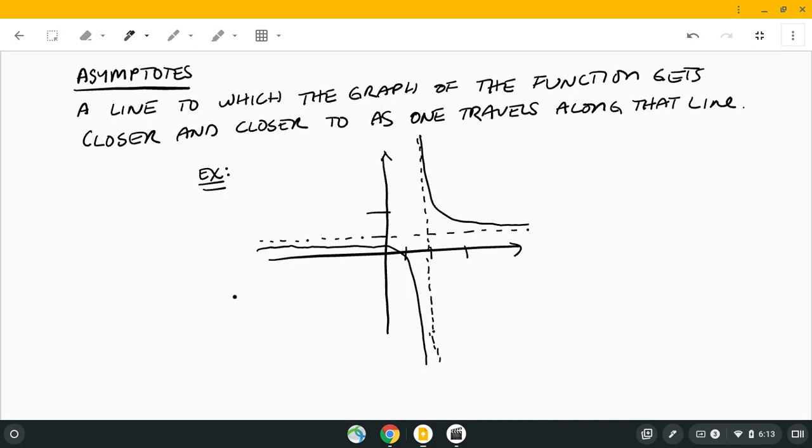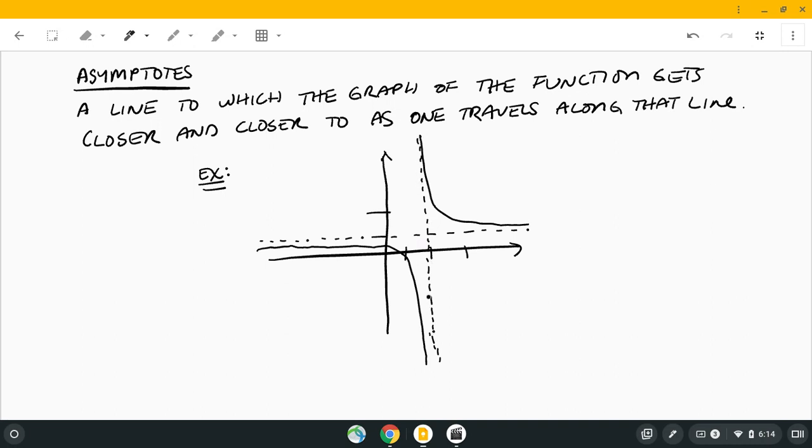Okay, so what they're saying is, as you travel along that line, so let's say I'm traveling along this line, as I travel along this line, we see that this graph gets closer and closer and closer to this line. Okay. Same thing with this one.